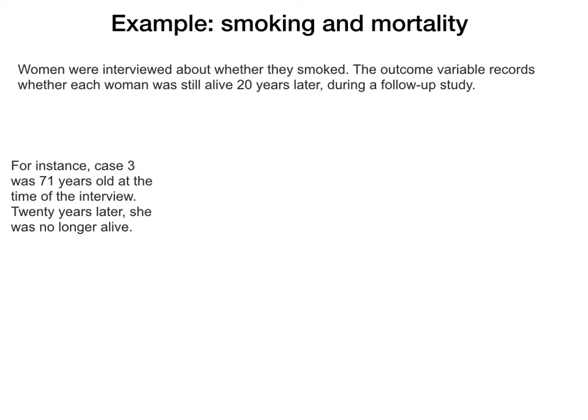So the next example is on smoking and mortality. In this example, I'm going to include more than one predictor in our logistic regression model. First of all, the backstory of this dataset is based on a very old study. In this study, women were interviewed about whether or not they smoked. And then the outcome variable records whether they were still alive 20 years later in a follow-up study.